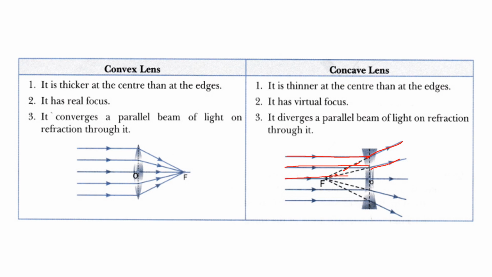Here also, this ray is a principal axis ray, it will go straight. This ray again gets diverged, but if I extend it backward, it appears to converge at a point. So we call concave lenses diverging lenses, whereas in convex lenses, you can see all rays are converging, meeting at one particular point.